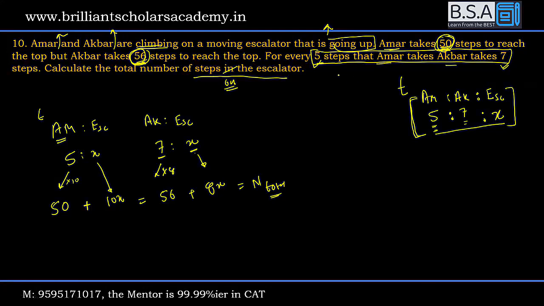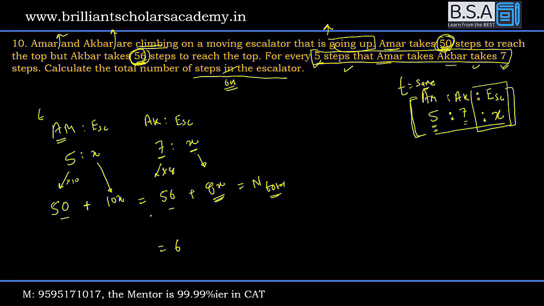A comparison is given to you between Amar and Akbar. That means in the same time Amar travels 5 steps, Akbar will travel 7 steps. तो लगे हाथ हमने ये assume कर लिया escalator will travel x. So now if you solve, you transfer this on the right side, it becomes 6.